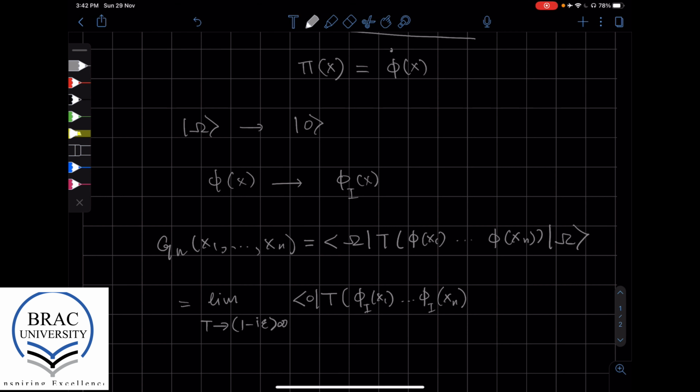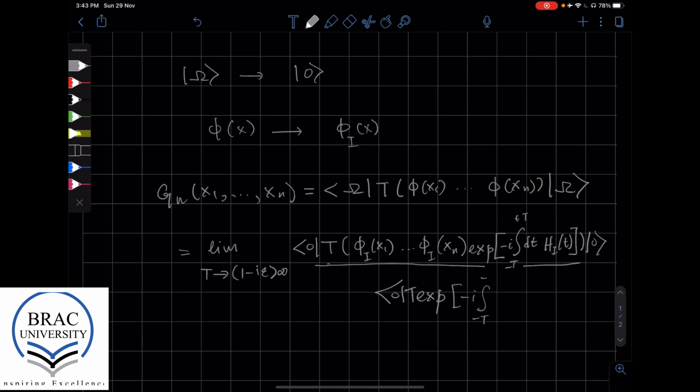So here we also have the time ordering operator. So this is the expression for the n-point function.